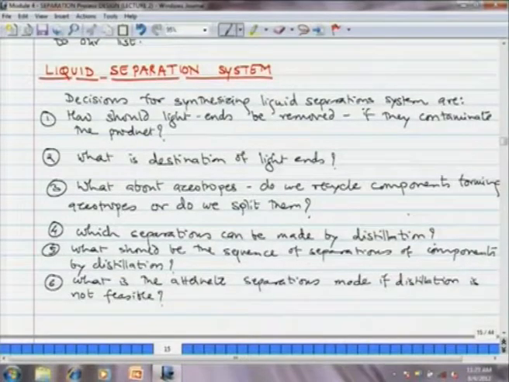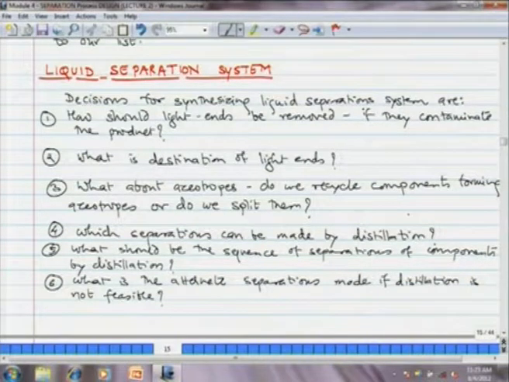For example, if you consider a petroleum refinery, then these light ends are usually C1 to C4 components: usually methane, ethane, ethylene, propane, propylene, butane, butene, butadienes. These are the light components. These have to be removed before you start your main distillation operation. So, the first question is how should the light ends be removed?